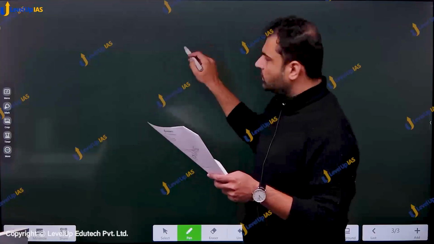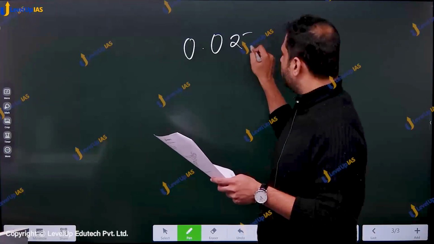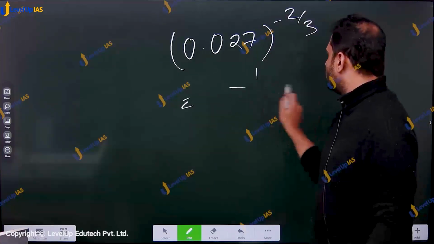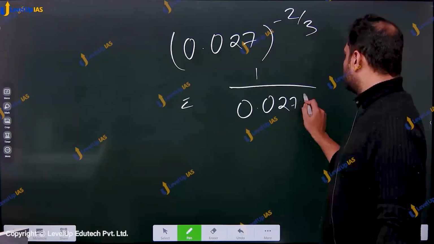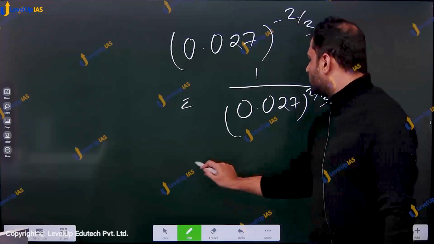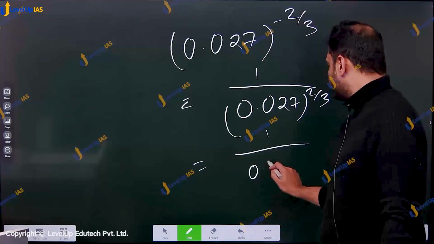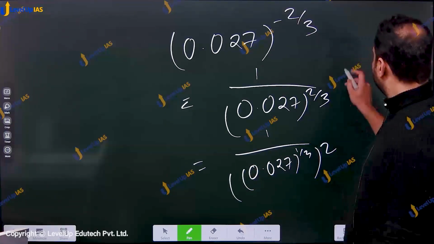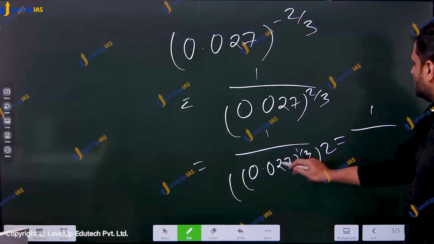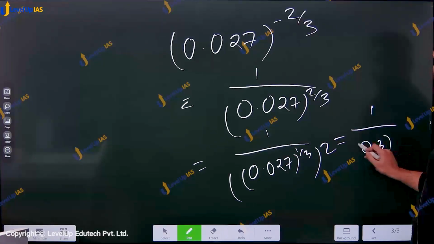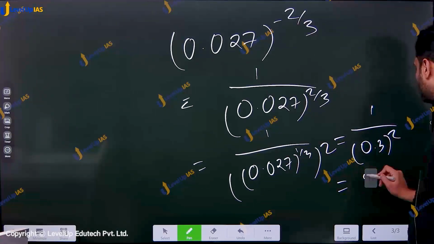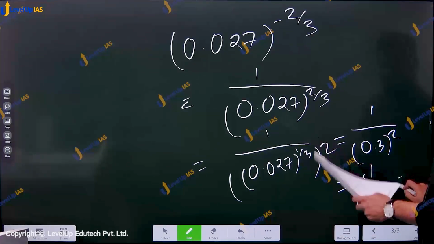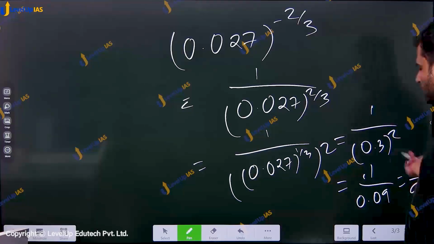Question number 8 is 0.027 to the power minus 2 by 3. This is equal to 1 upon 0.027 raised to 2 by 3, is equal to 1 upon 0.027 raised to 1 by 3 square, which is equal to 1 upon this cube root is 0.3 square, is equal to 1 upon 0.09, is equal to 100 by 9.